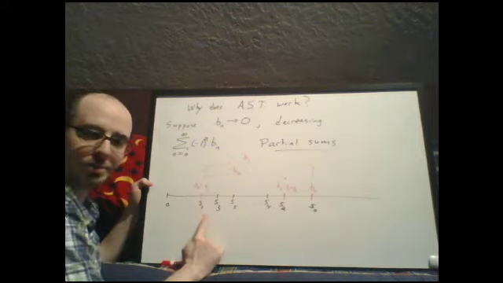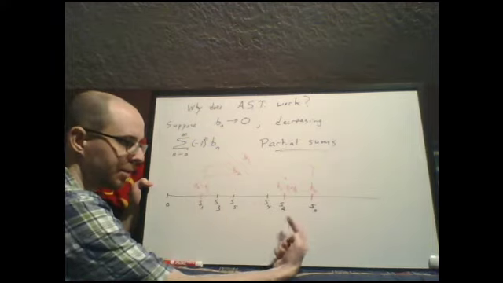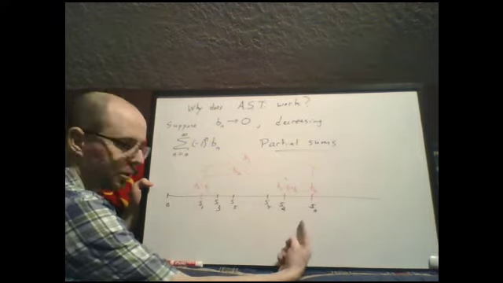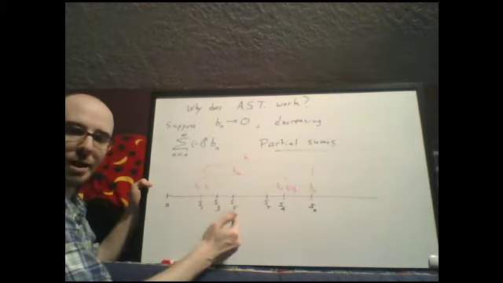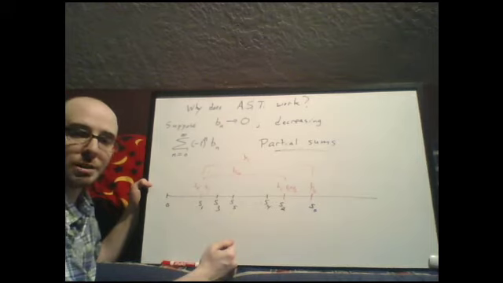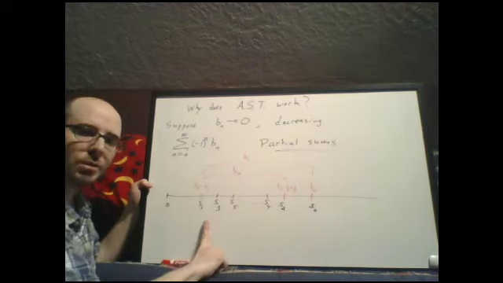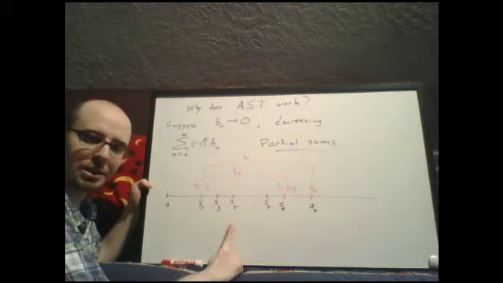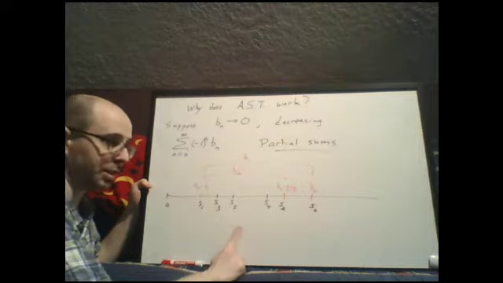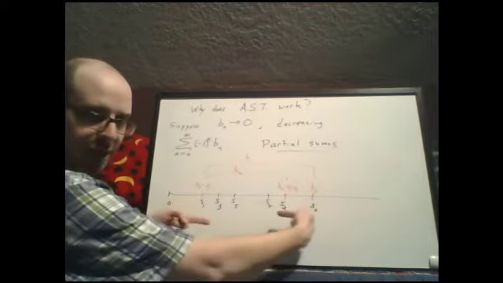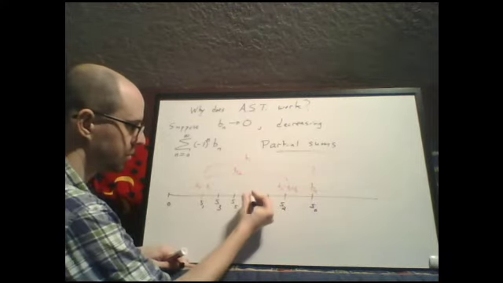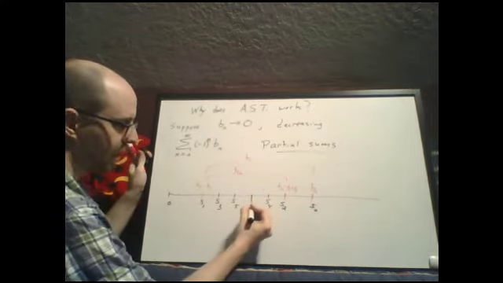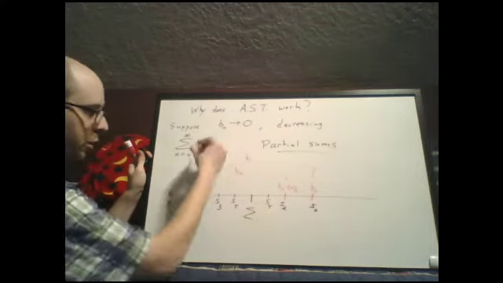The odd partial sums are bounded above by really any of the even partial sums, so it's a ceiling. The even partial sums are bounded below by any of the odds. So we can argue, by the monotone convergence theorem from a couple sections ago, that a monotone bounded sequence has to converge, has to have a limit. Basically these two sides have to meet in the middle somewhere. And the place where they meet, that's the value of our sum.